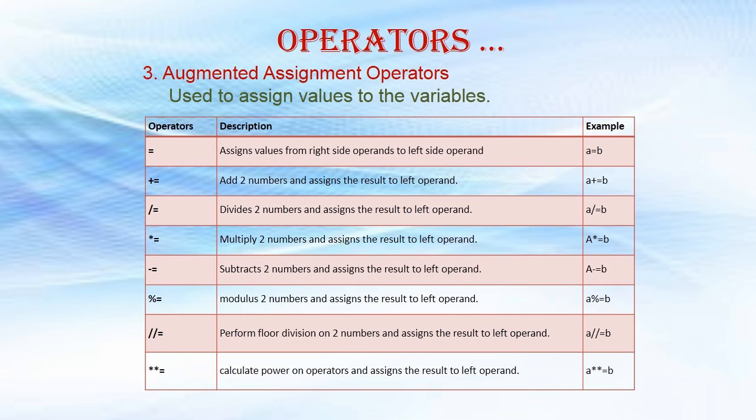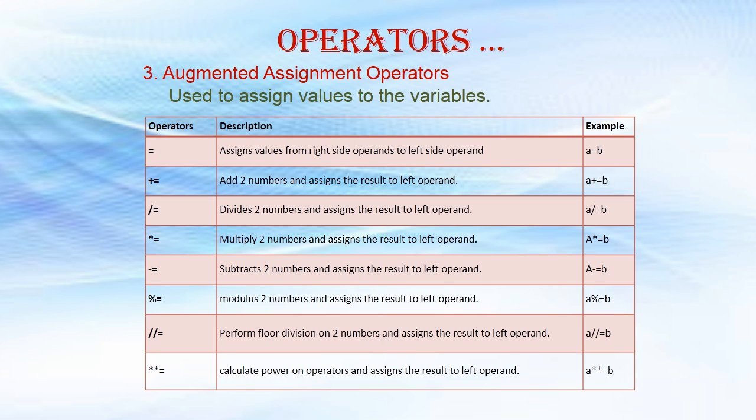Okay, next is augmented assignment operators, used to assign values to variables. First is equals, which is the assignment operator. a = b means the value of b will be assigned to a.